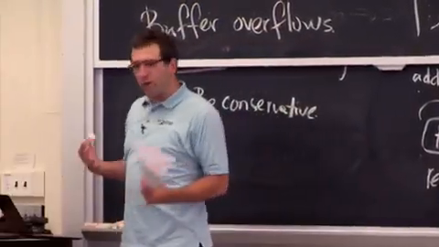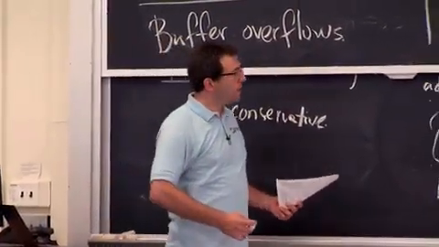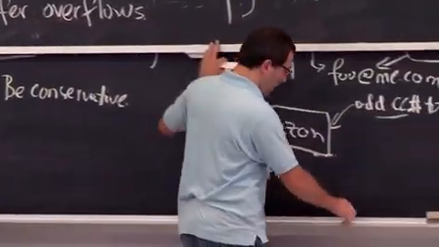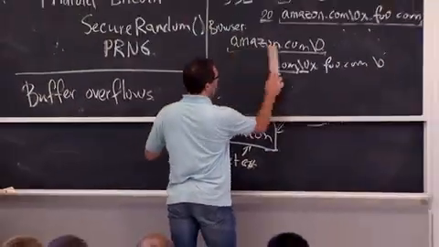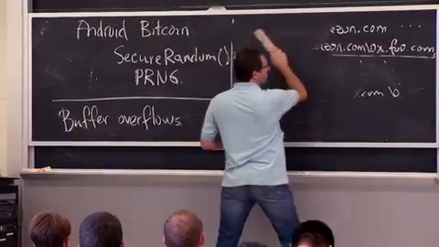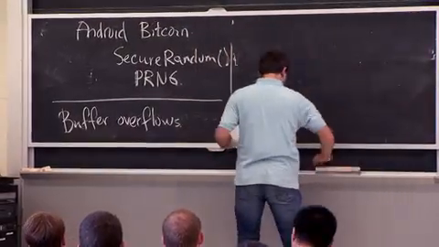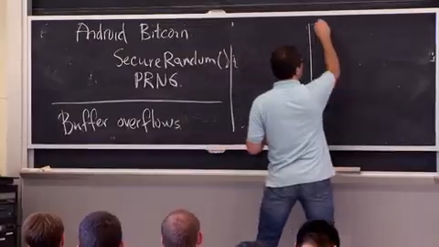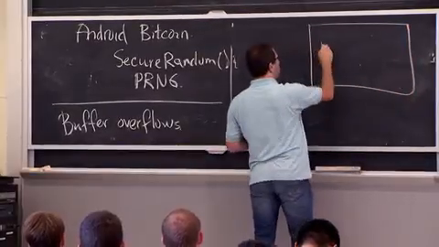So let's figure out what the setting is. What are we talking about here? The setting we're going to consider is a system which has, let's say, a web server. So we have some computer out there that has a web server on it.